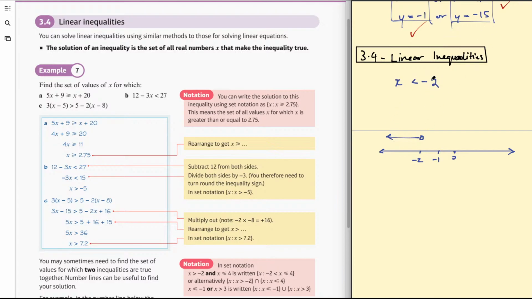If I then divide by -1, I would have negative x on this side and 2 on this side. 2 is over here, and x is a negative number. So if we divide through by a negative, this would then be a positive number larger than 2. So we need to flip that inequality around.